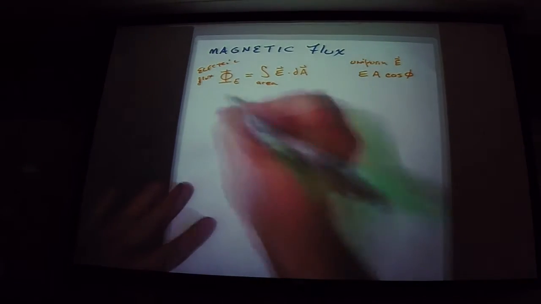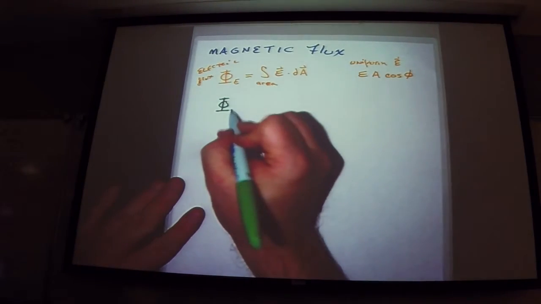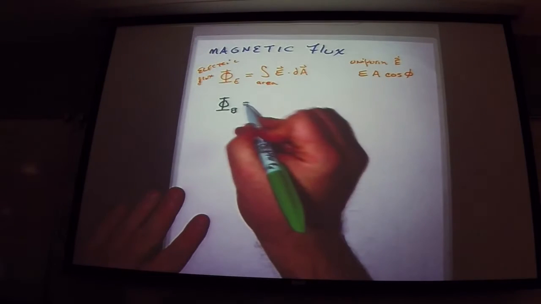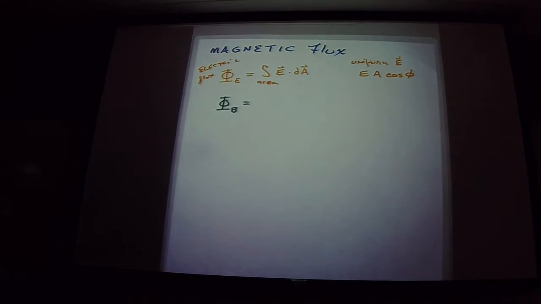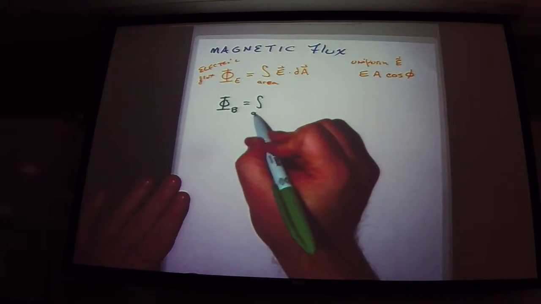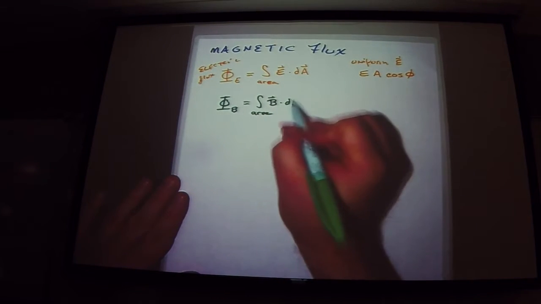Now for magnetic flux, we make a little subscript B here because we use B to denote the magnetic field. And so what would it be? Magnetic field times the area. So it's the integral over area of magnetic field dot dA.